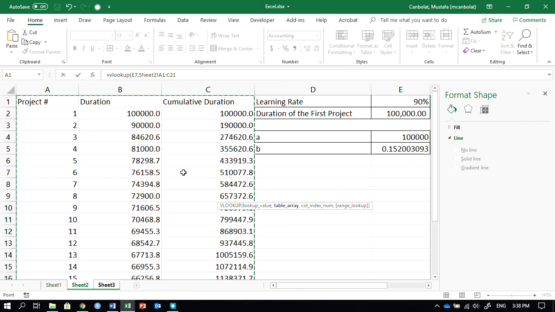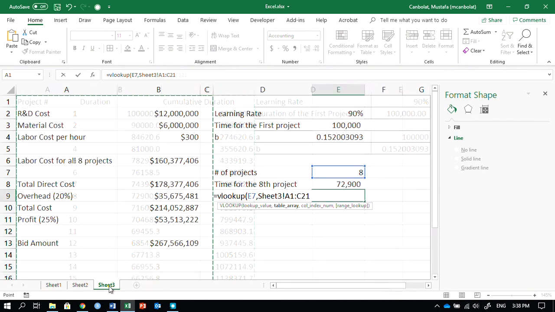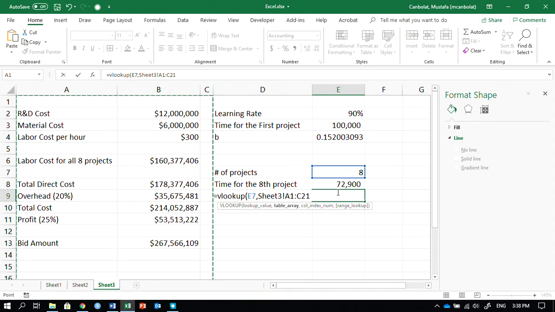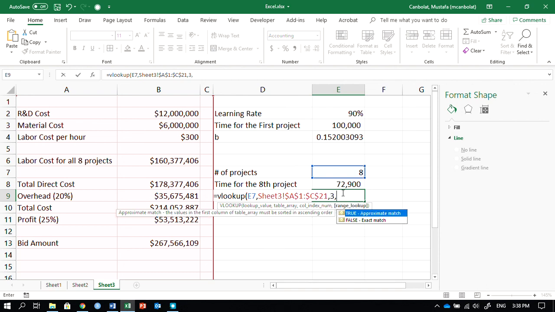Okay, and then I'm just going to put dollar signs in there, and then I'll go back to my sheet, and this is the first column of the table, second column of the table, and the third column of the table. Now the column index number is what? The third. We'll just take the third column, and the range lookup is an exact match.